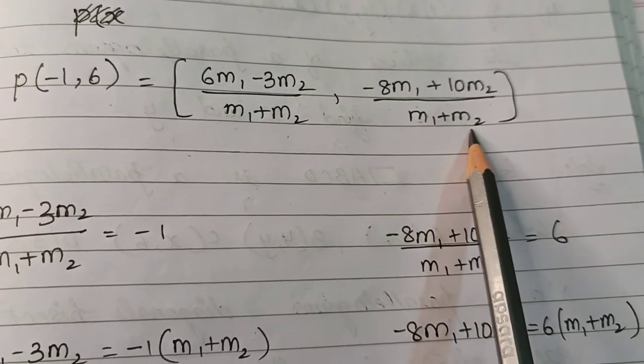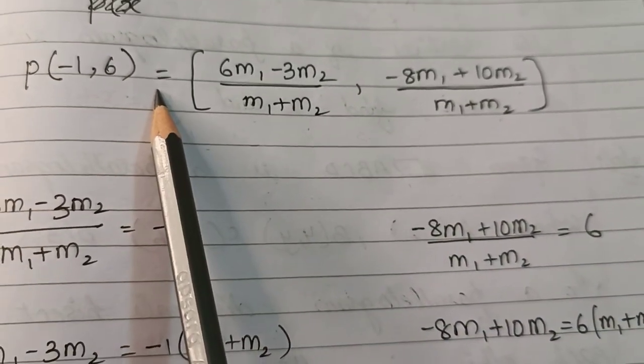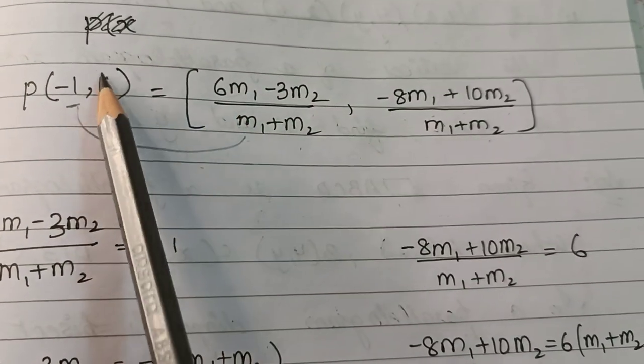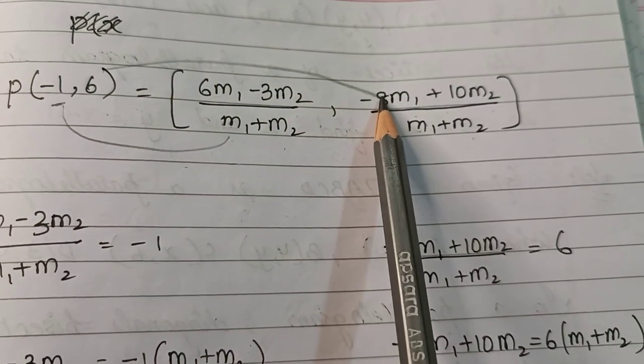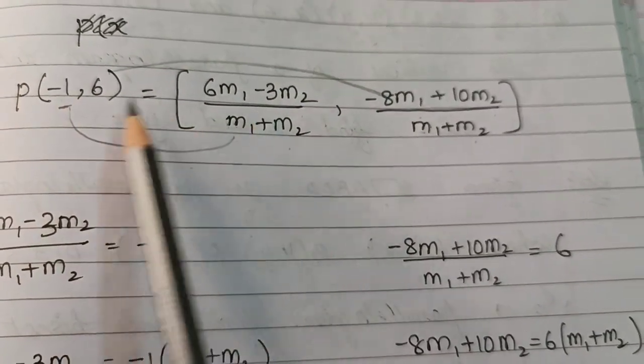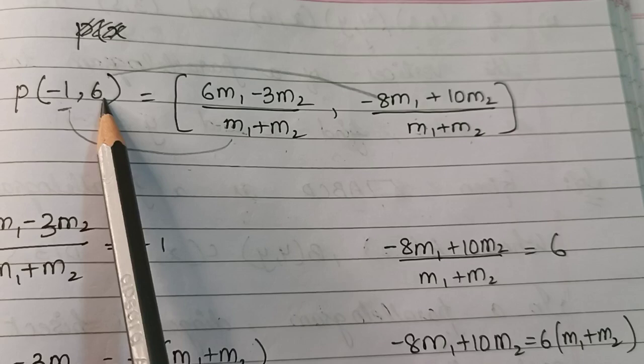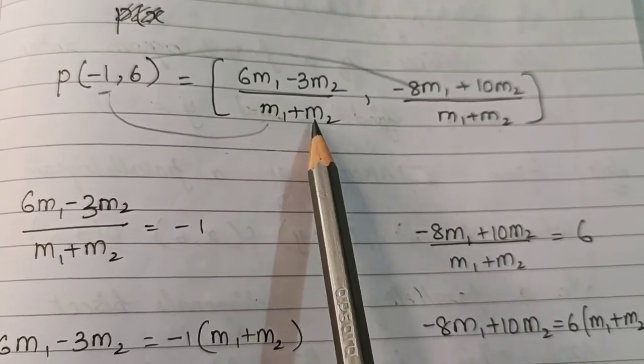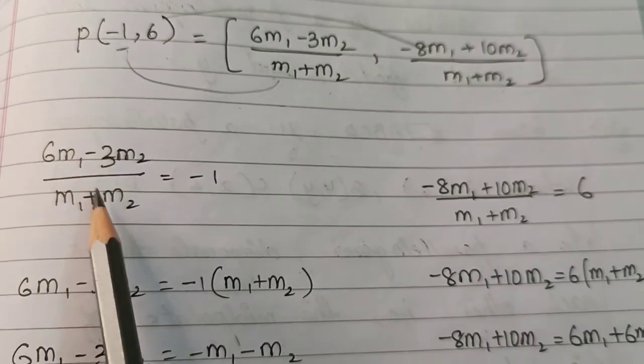Now here the equal to sign is there, so the first term will be equated with the first and the second with the second. This is the x coordinate, so these two are equated and these two are equated. (6m1 minus 3m2) by (m1 plus m2) is equal to minus 1.